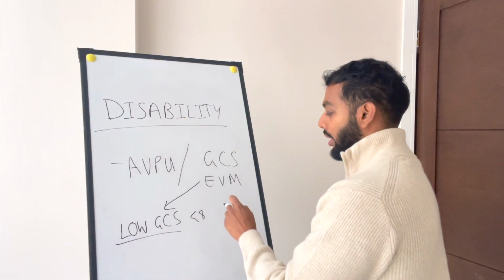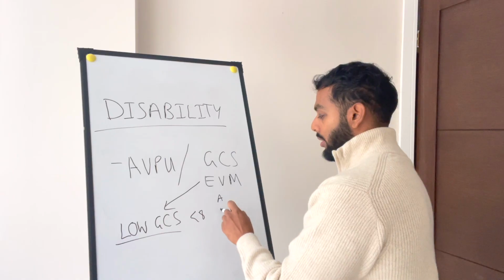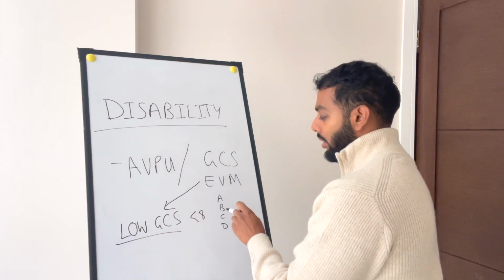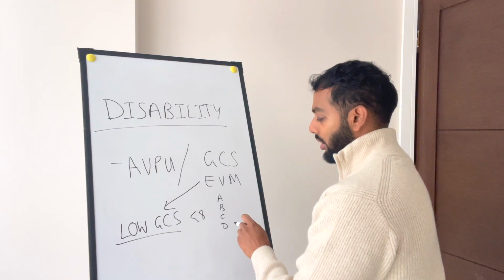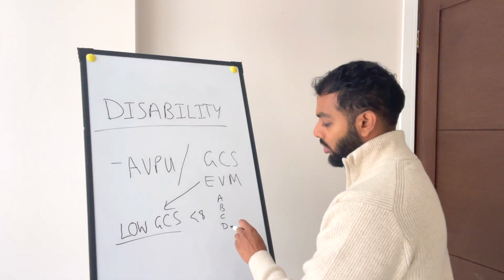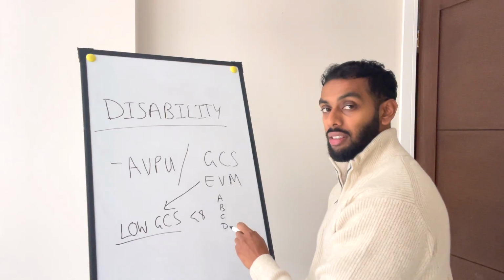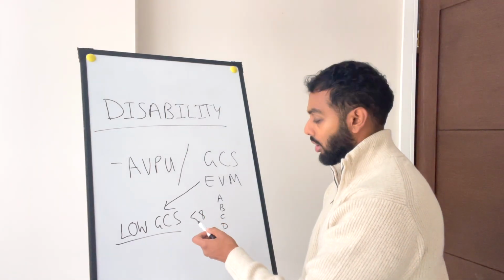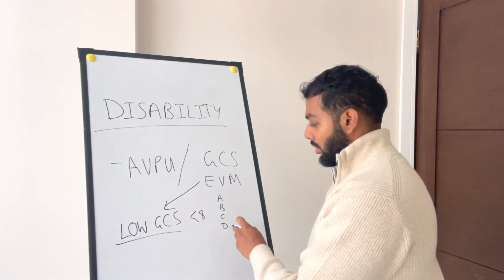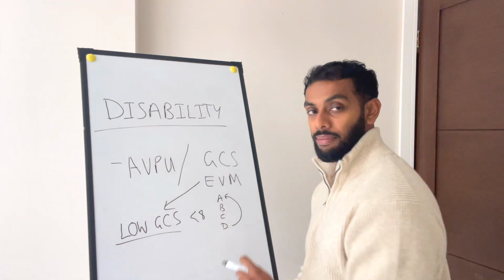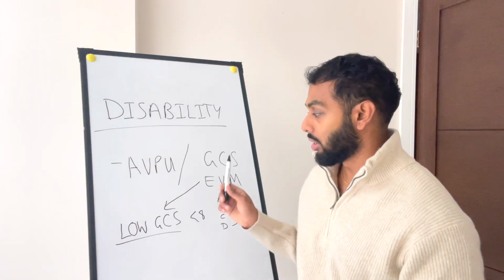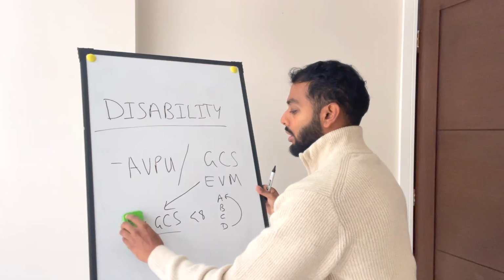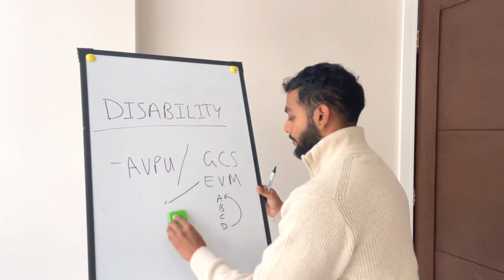Currently we're at D, but you've done A, you've been happy with A, happy with B, happy with C. But during that time, once you've got to D, their GCS could have dropped. So if their GCS has dropped down to 8 or below, you circulate back to A. That's something you have to remember and be very mindful of when you're doing the disability section.